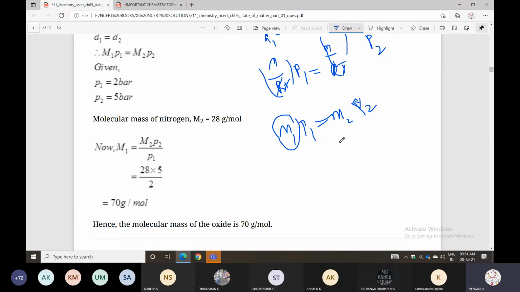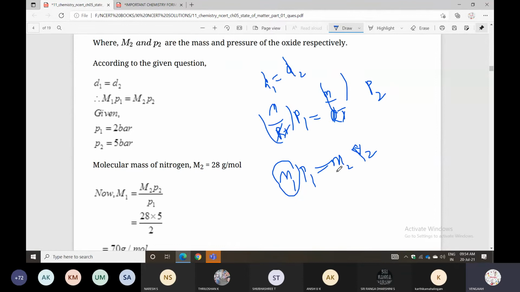They are asking for M1, so you can calculate it. It is easy. Substitute the values in the formula. Please copy this question and answer and write it down.